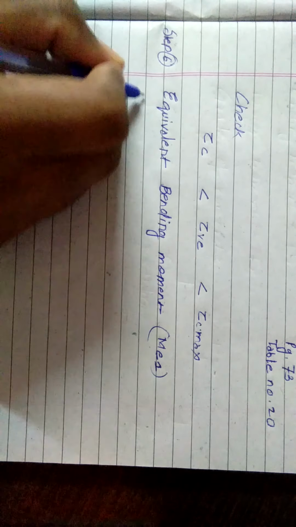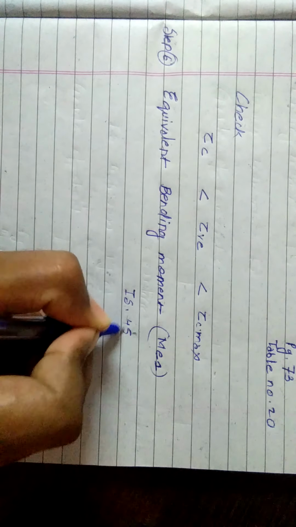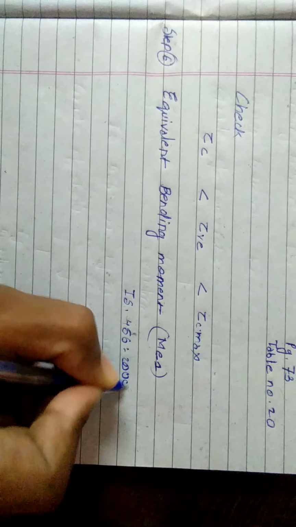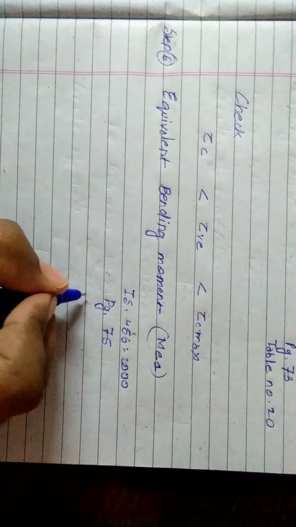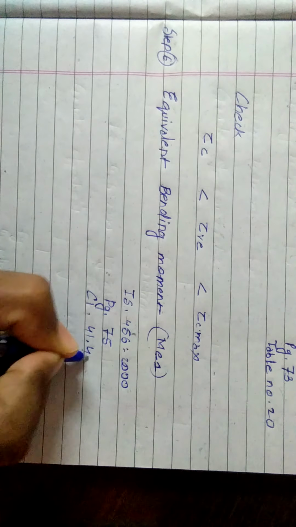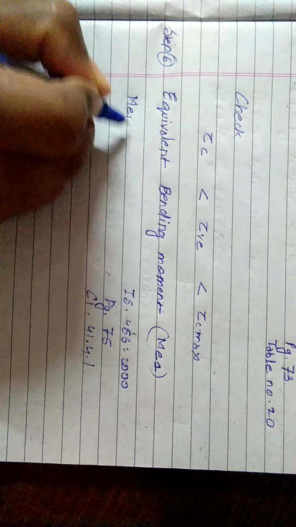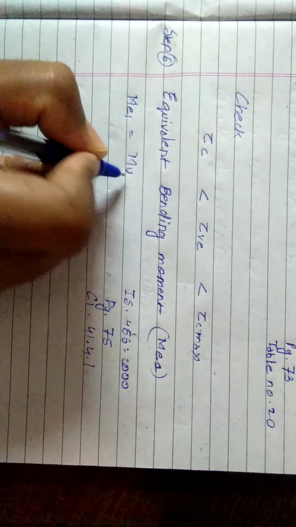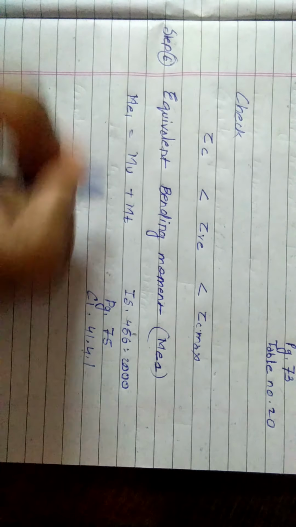Now for this, again open IS code 456 2000, page number 75, clause number 41.4.1. See, the value of ME1 is equal to MU, the bending moment, plus MT, the torsion moment.